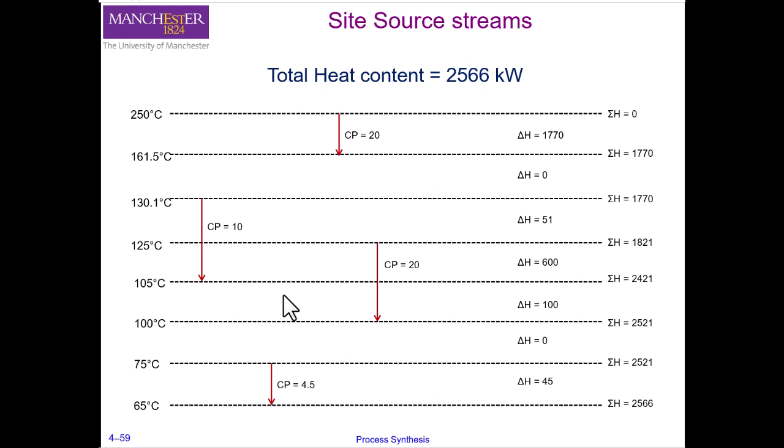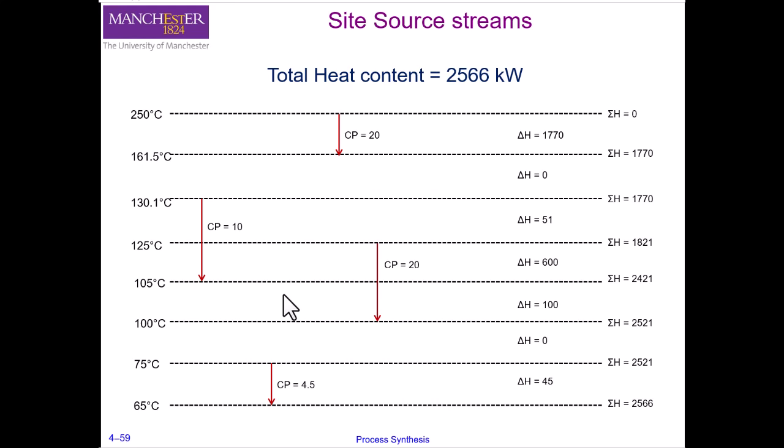So first of all, the composite of our source streams, and these streams we recognize as hot streams that have heat available for steam generation, and we produce our site source composites in the same way as we would produce a composite of our hot streams that we have seen in the process integration unit.